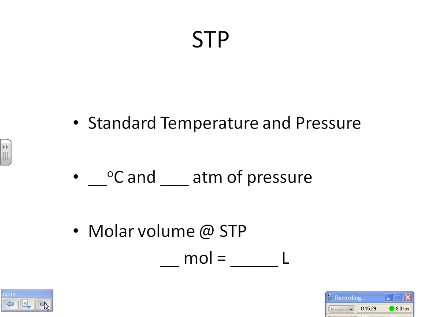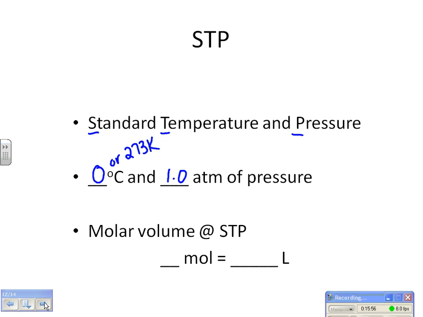Okay, you need to know what STP is. STP stands for standard temperature and pressure. What is standard temperature and pressure? Well, it's the temperature and pressure that are listed below: 0 degrees Celsius, or 273 Kelvin, and 1 atmosphere of pressure.